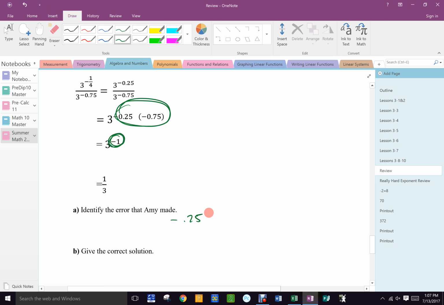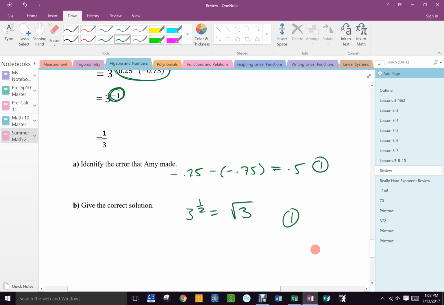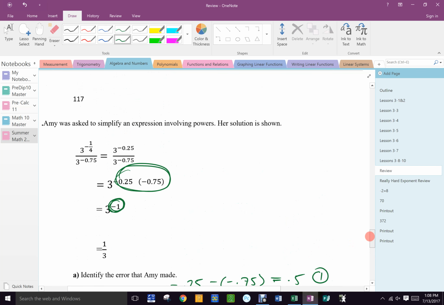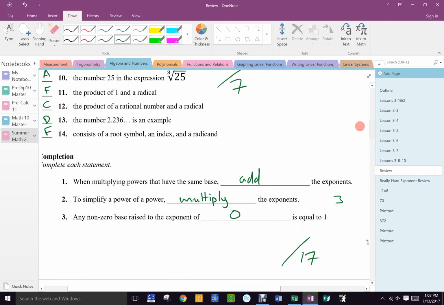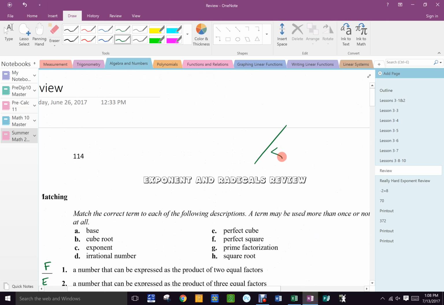Negative 0.25 minus negative 0.75 equals positive 0.5 for 1 mark. The correct solution is 3 to the 1/2, which is, of course, root 3. I would accept either one of those for 1 mark, making the last page out of 2. So the whole thing is out of 2 and 16 is 18, and 15 is 33, and 17 is 50. It's out of 50.